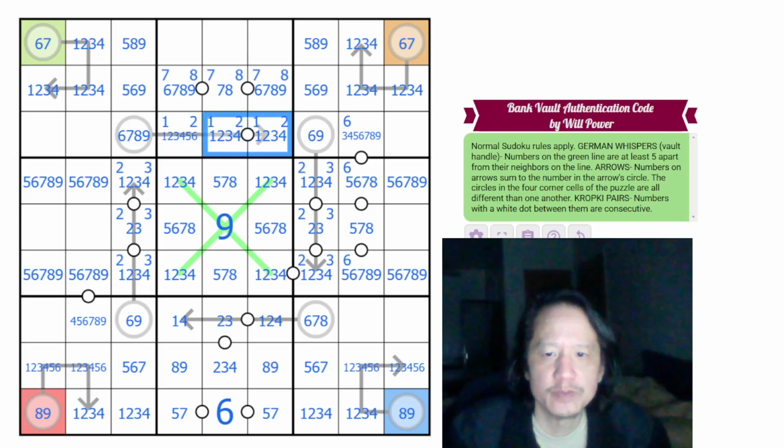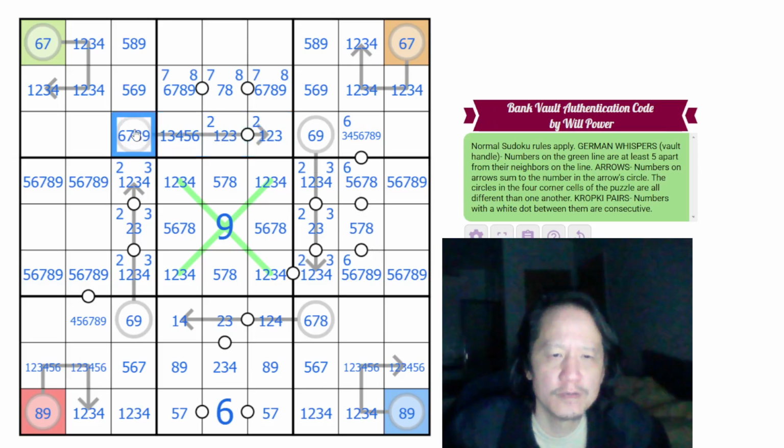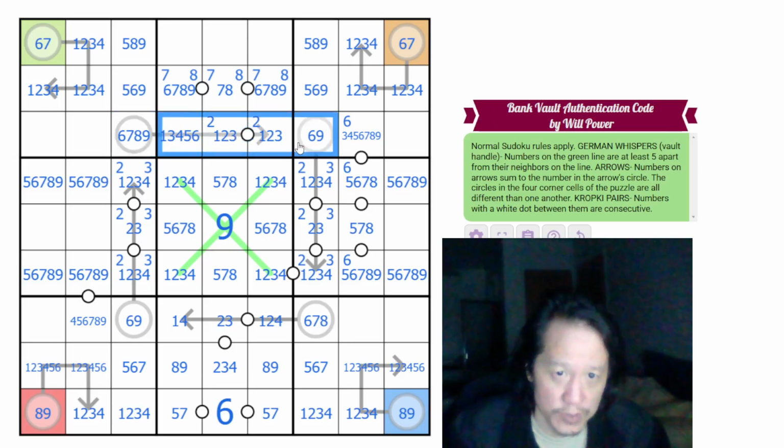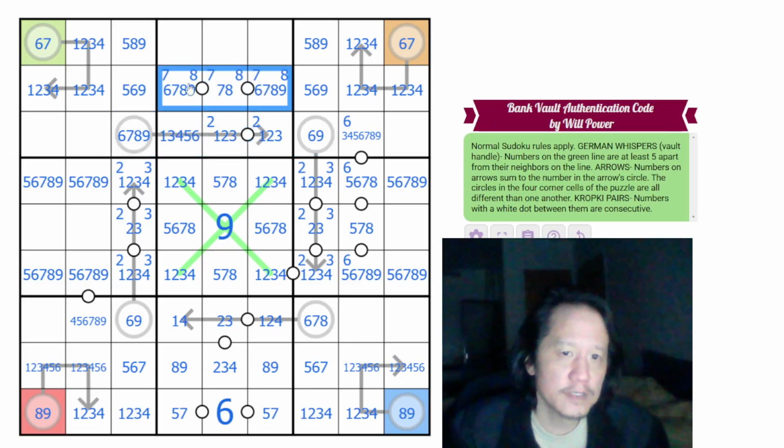So this has to be specifically 2 with 1 or 3. So this can't be 2. One of these is 2. And it could be 1, 2, 3, 1, 2, 4, 1, 2, 5, or 1, 2, 6. This cannot be 7 or 8.